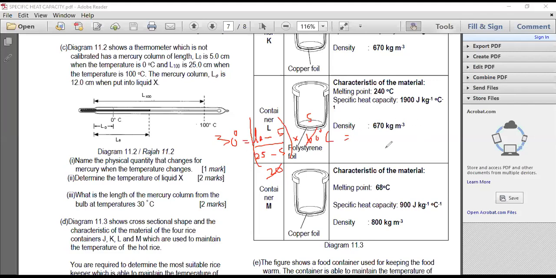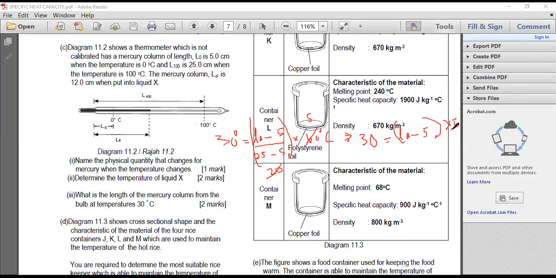So this 20 and 100 you can cancel, so you get 5. What you're getting here is 30 equals L theta minus 5 times 5, because the 20 cancels with the 100 already.